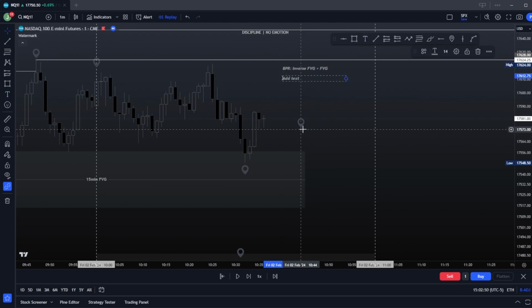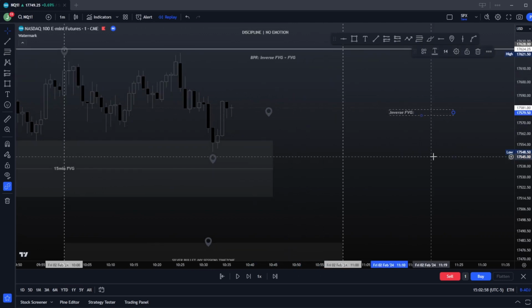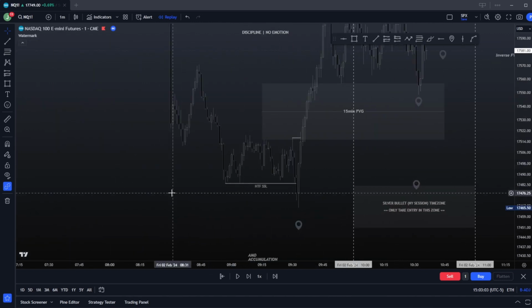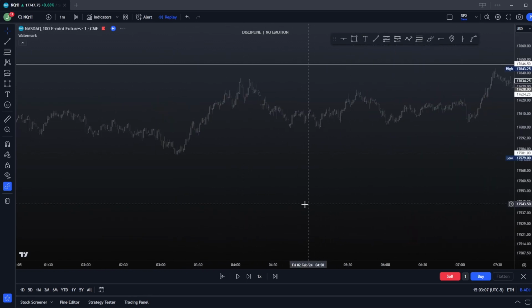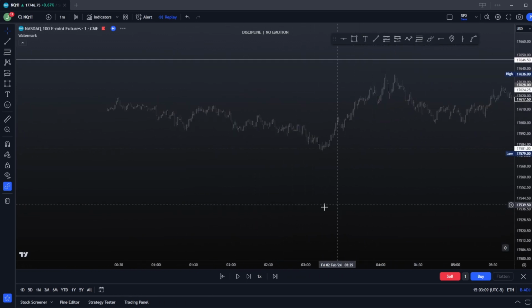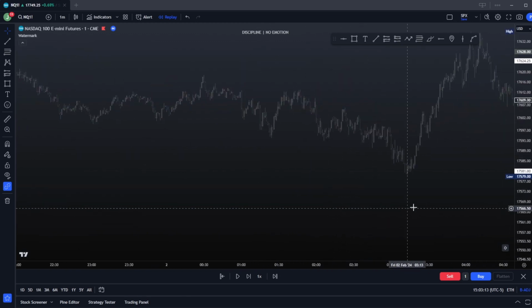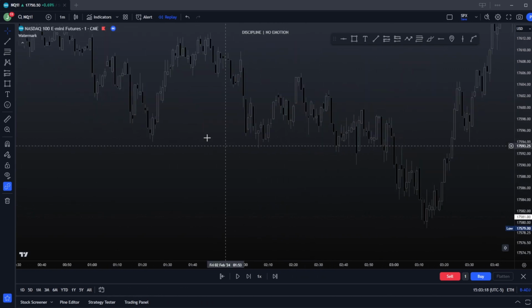Now, what is an inverse fair value gap? So you see with candles, right? Let me find a solid example. It would be way more beneficial to actually show you guys.